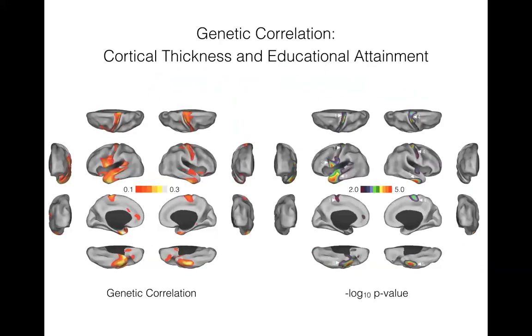And then we use the GWAS summary stats to create a polygenic score and correlate the polygenic score with this massive number of cortical thickness measurements. So this high-resolution genetic correlation map shows that there's strong genetic correlation between the cortical thickness and education in these motor areas, and also some superior temporal cortex, which involve some language regions in the brain.